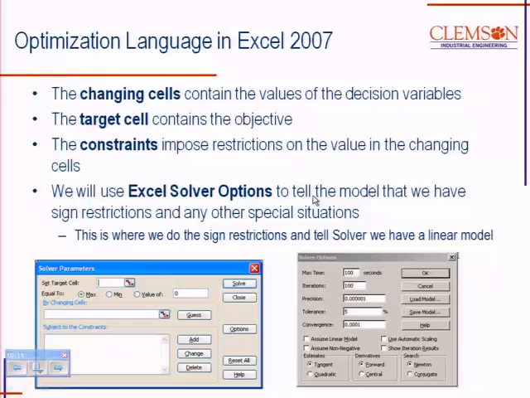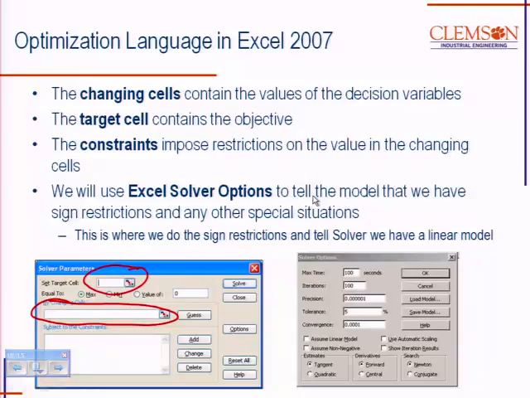The changing cells is right here. That's really where the decisions are being made on what can we change in order to try to improve our result. So all the other cells in your spreadsheet are going to be fixed or dependent on what you allow to be changed within this group of cells. The target cell is the particular cell that's representing our objective value, whether we're trying to minimize cost, maximize profit.